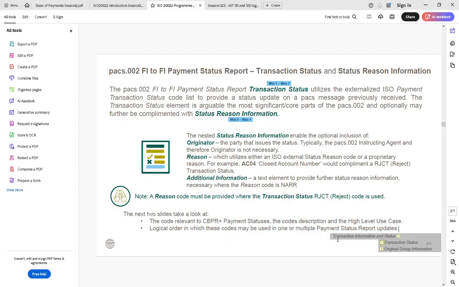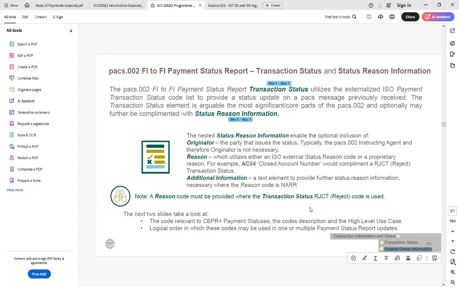What are the two things that should be there? Transaction information status contains transaction status and original group information. So it is having transaction status, this one, and original group information. What are the values of transaction status?